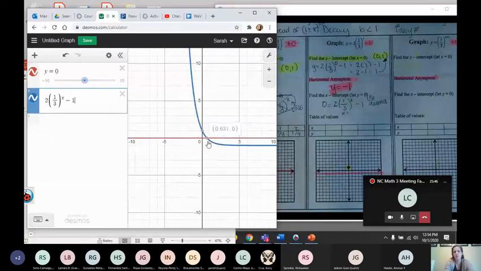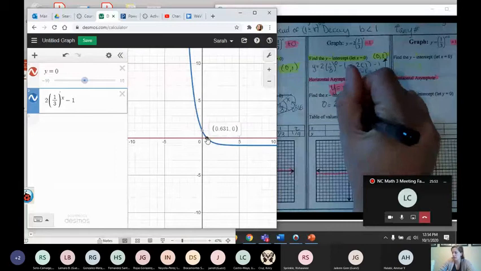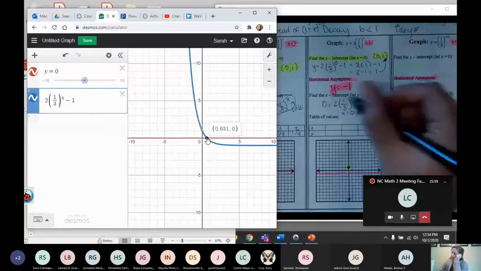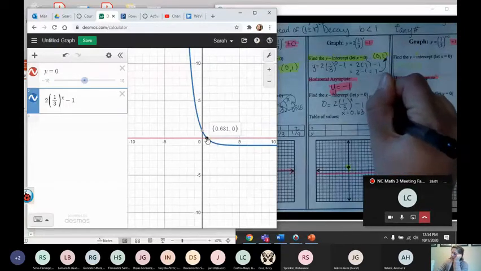And I want to look at where the red and the blue cross. They cross right here. So my x is going to be 0.63. Okay. So my x-intercept is going to be at (0.63, 0).